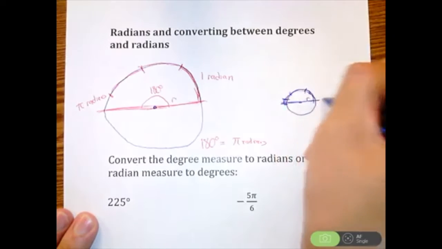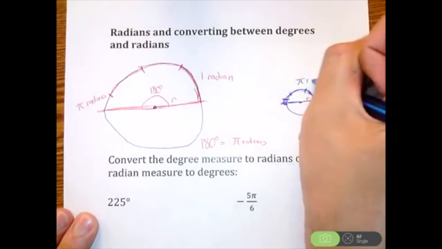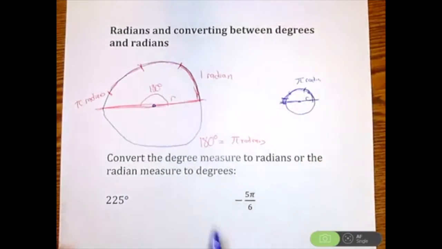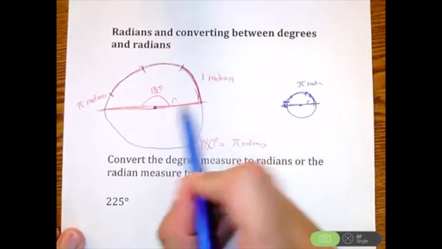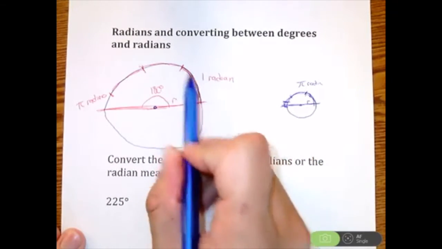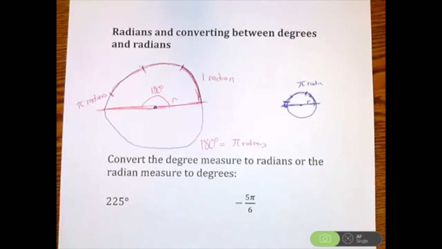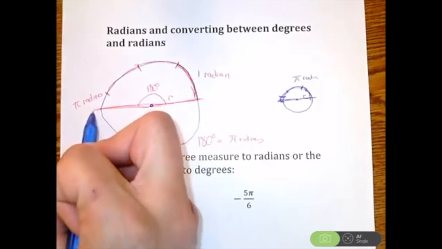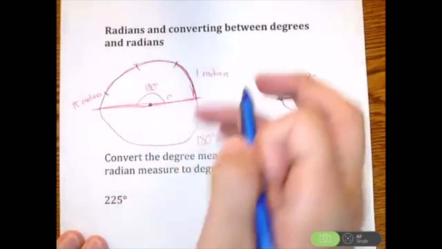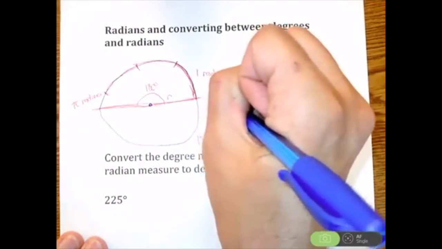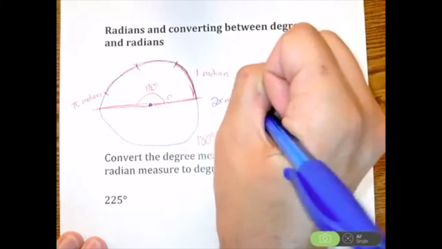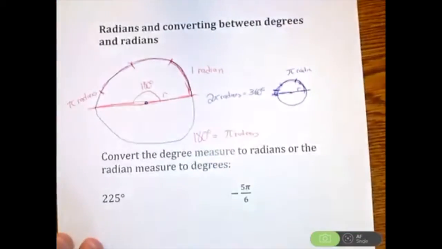The full distance of 180 degrees would be pi radians. So a radian is just take the radius, and 1 radius, or 1 radian, is the same as the radius of the circle. And 180 degrees is pi radians. So if you wanted the full circle, that would be 2 pi radians, which is the same as 360 degrees.